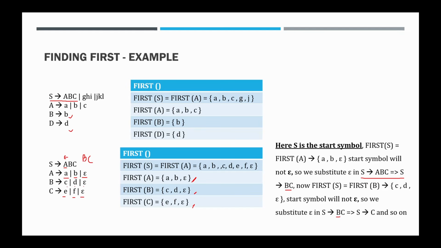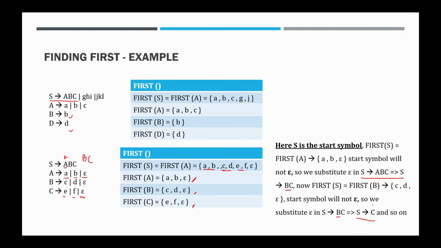Okay, right? So please keep on including the first here. First of A, B. While finding the first of B, we included CD, and while finding the first of C, we included EF. Now, please wait. C also tends to epsilon, am I right? What is the last production we got? S tends to C. And when you check, C is a non-terminal which also tends to epsilon.